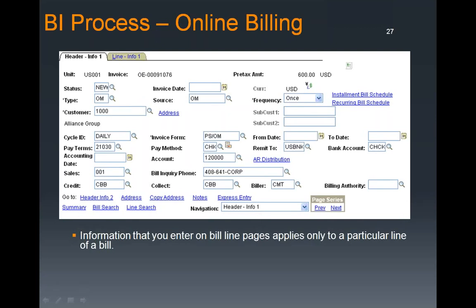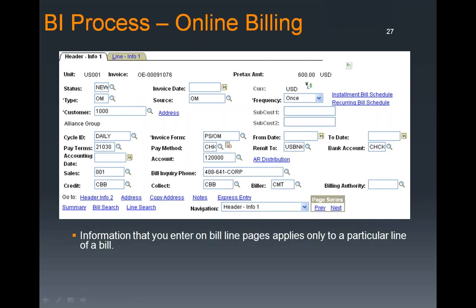After that, when you select the bill type, it is related to order management. Like in the particular US001 location, you have several types of bills: order management bills, sales bills, manufacturing bills, like this. But for order management, you may have some specific conditions or specific rules or specific defaults. Those will be populated when you select bill type here.